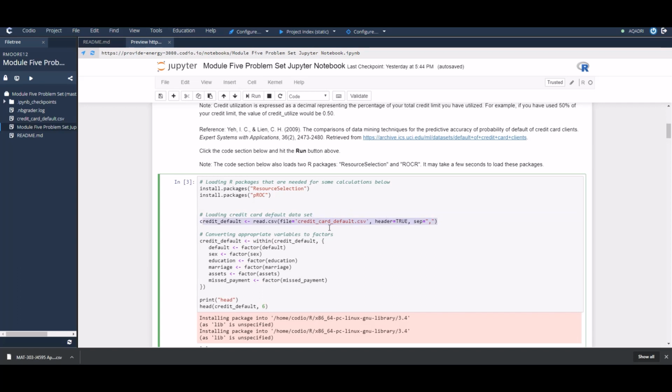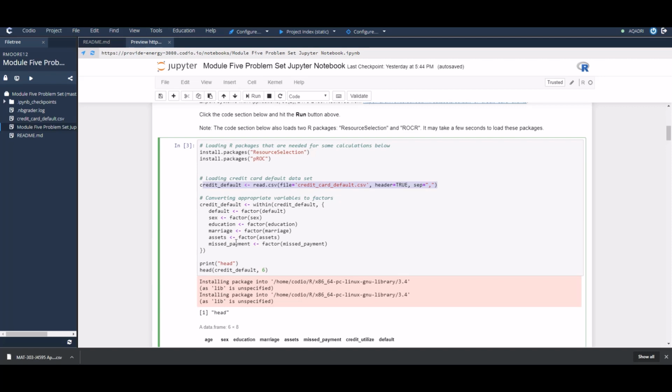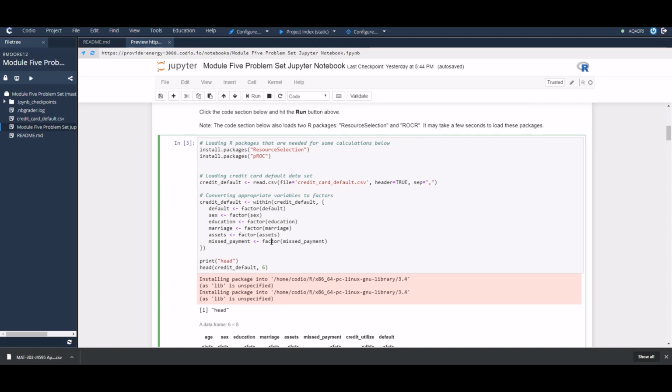This is where the data is read into a data frame from a CSV file. Here are some factor variables. We're converting variables that are read from the CSV into factors, and then we're going to print the first few rows of the data set to see what it looks like.